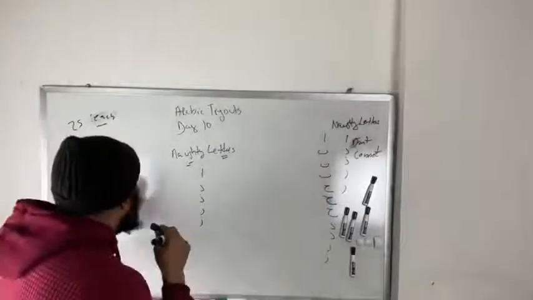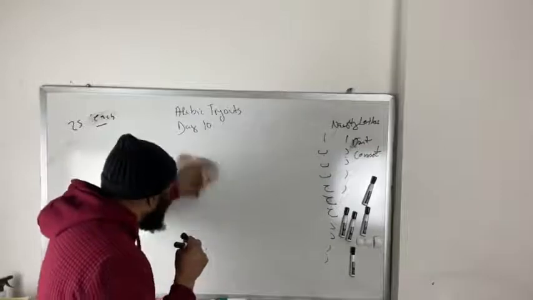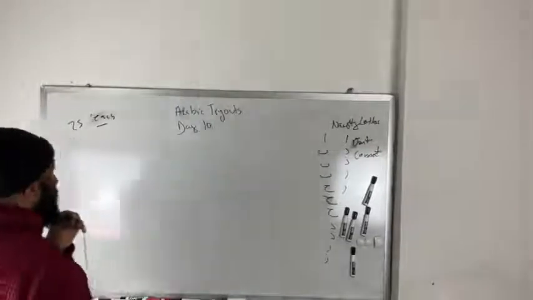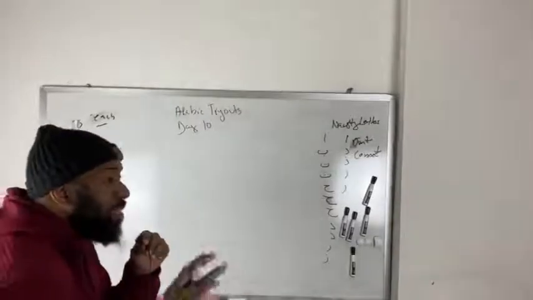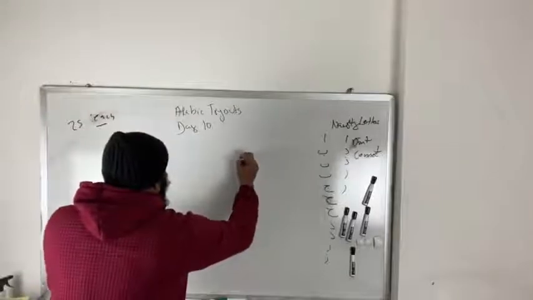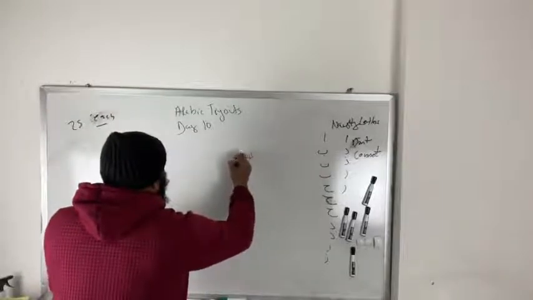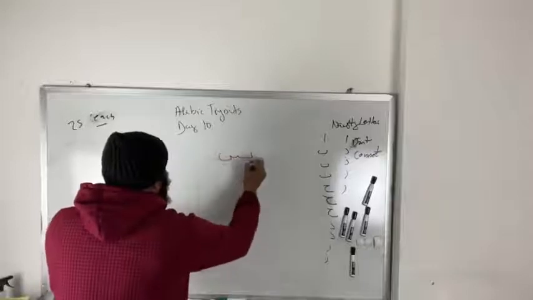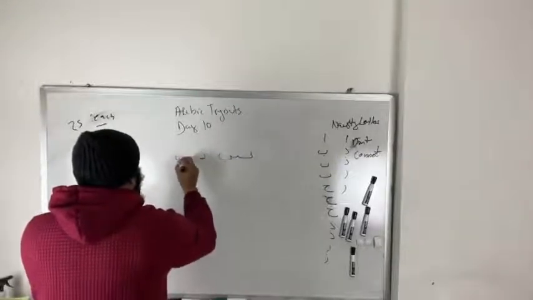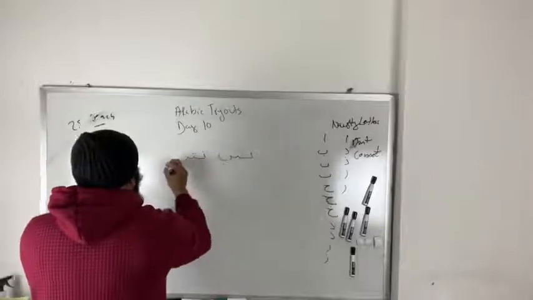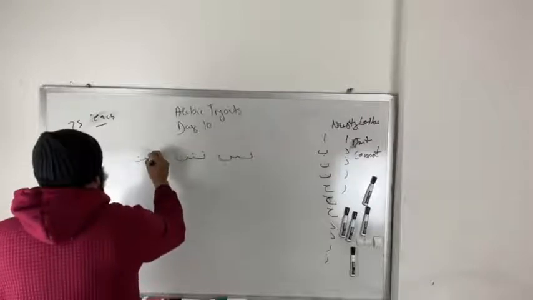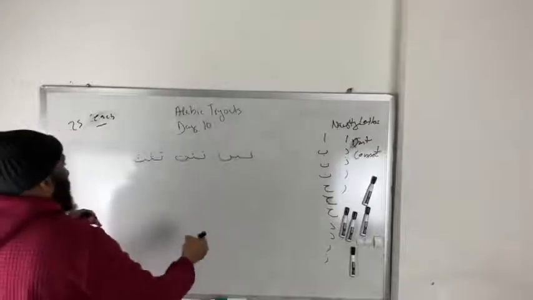Now, moving along. You should be able to do this. Out of the letters that do connect, this is ba. Remember, it's going to share the same thing. This is ta. This is tha.